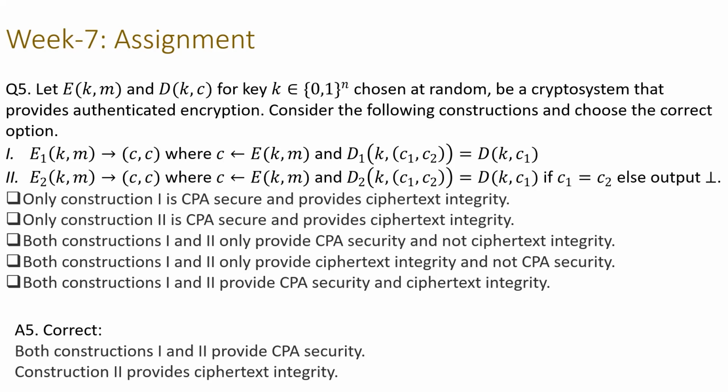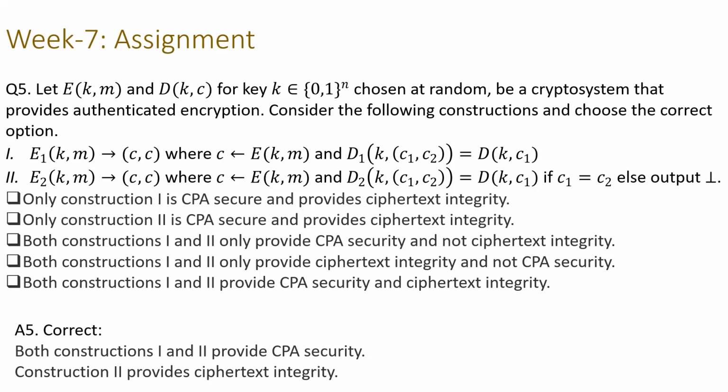If C1 is a valid encryption of M1 already known by the adversary, then it can provide C1 comma C2 as a valid ciphertext, because the decryption does not even care what the second part of the ciphertext is. It just takes the first part and decrypts it. So it will actually be a valid ciphertext.